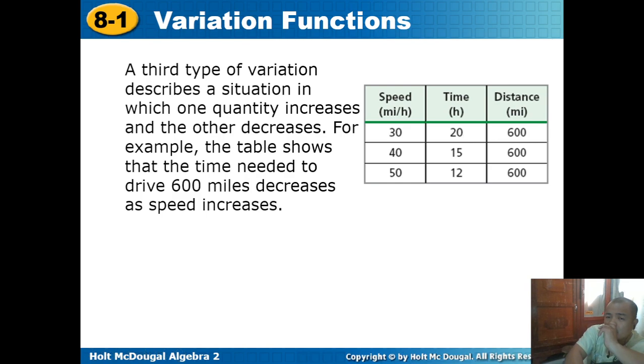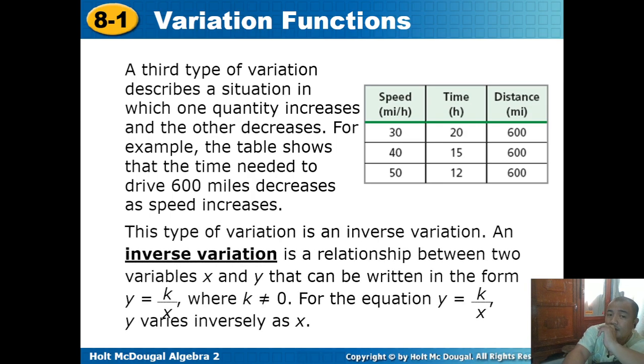As the speed increases 30, 40, 50, the time decreases at a constant 1600 miles. So this type of variation is an inverse variation.